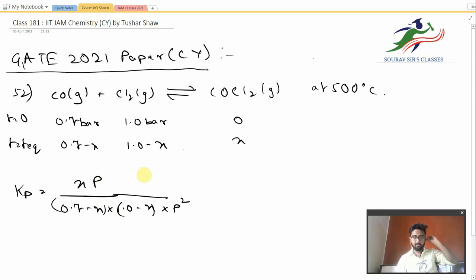So yeah, this is the case. Instead of P, let us consider this P, neglect this P over here. We just put the values over here and calculate the Kp value. The partial pressure of COCl2 at equilibrium is found out to be 0.15 bar. So let us put the values of x in the whole equation and we'll be getting the value of Kp.